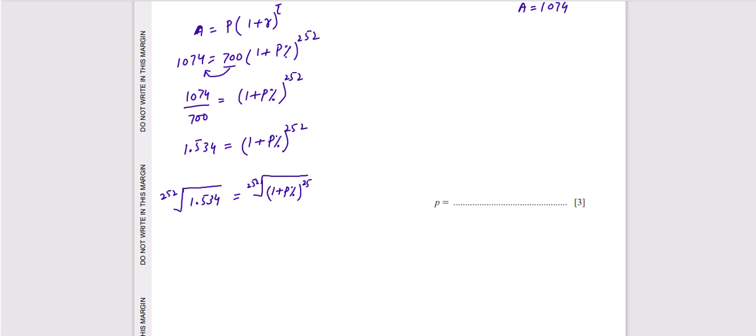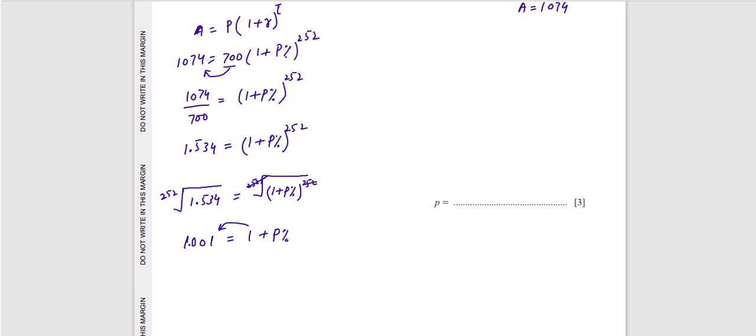The power cancels with the root. Using the calculator, we get 1.001 is equal to 1 plus P percentage.